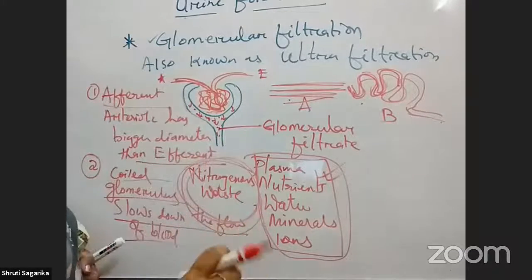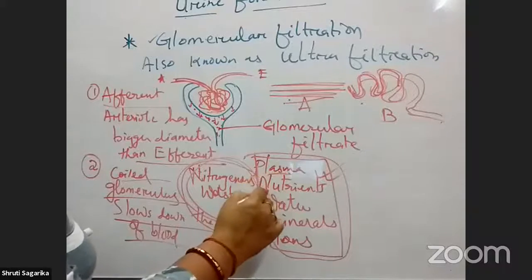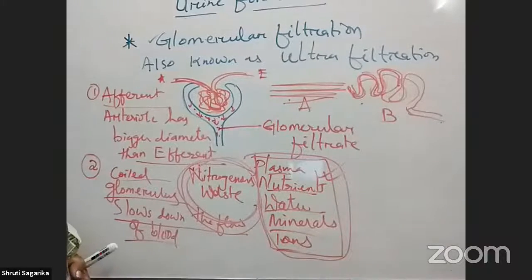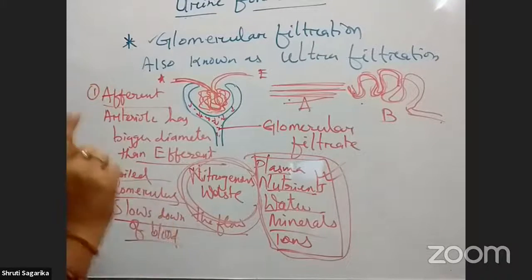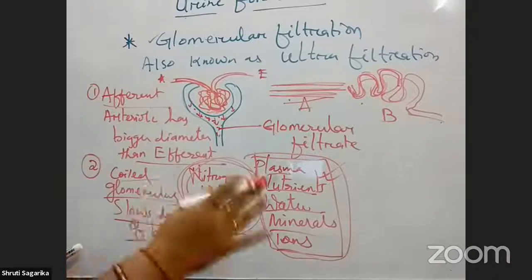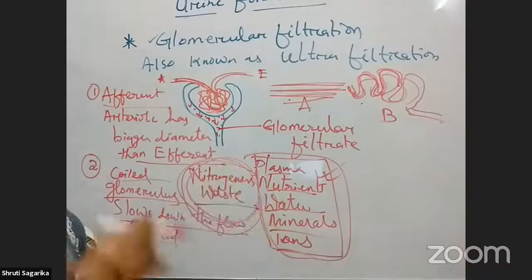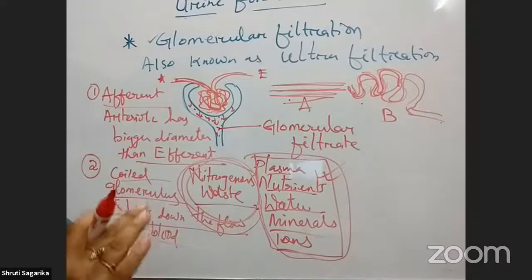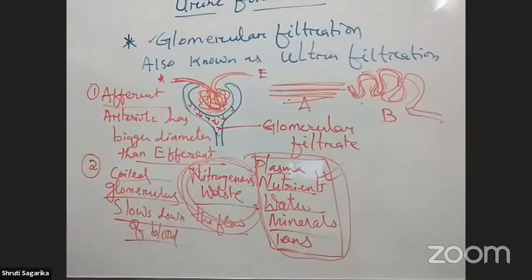So selective reabsorption takes place for plasma, nutrients, water, minerals, ions. Now what should remain in the filtrate? That is nitrogenous waste, some drugs, some amount of water, that should be discarded from the body. Is it clear? Yes, ma'am.